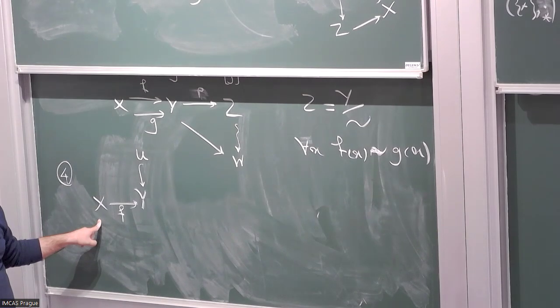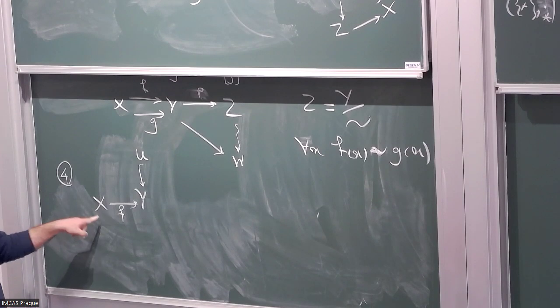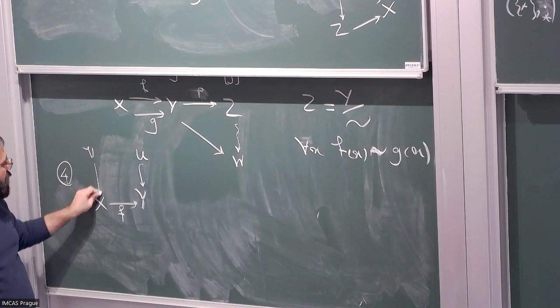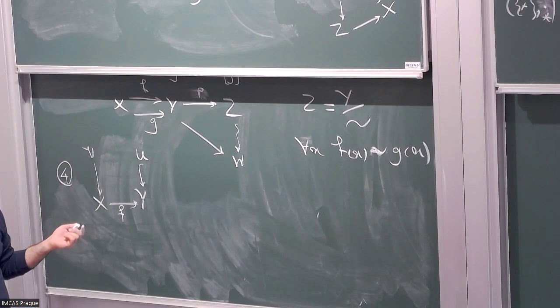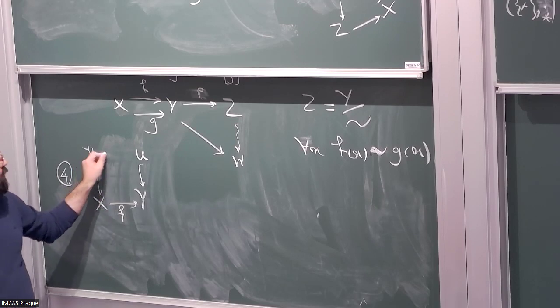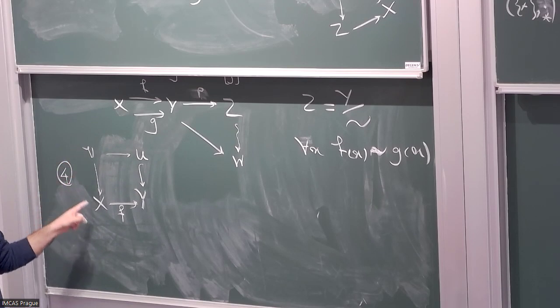How to characterize it in a categorical way? Of course, it is a subset. To say that it is a subset, such that if you induce a map here and this, then this guy is commutative.